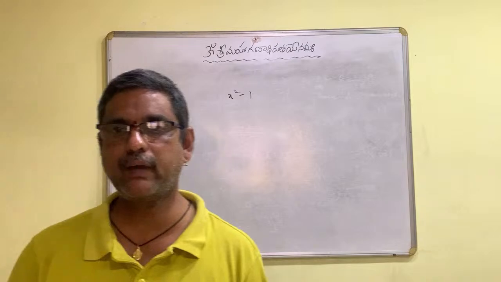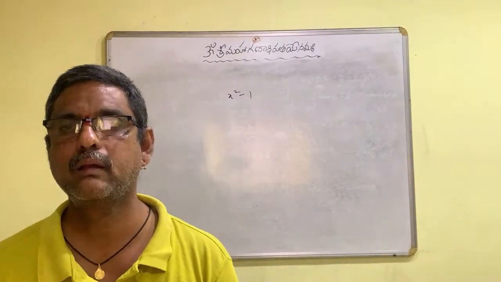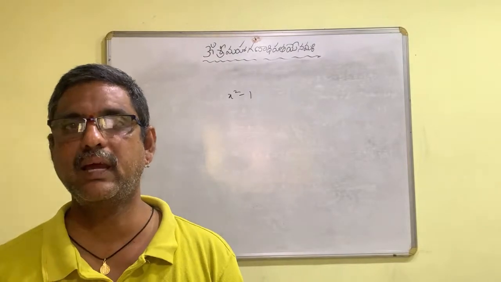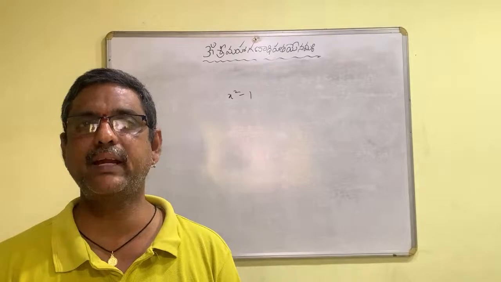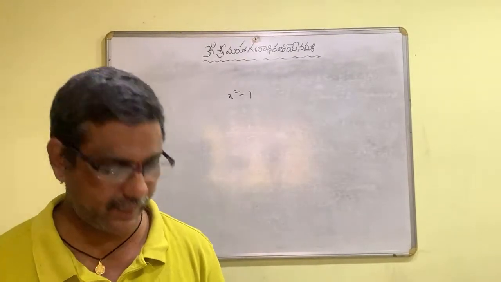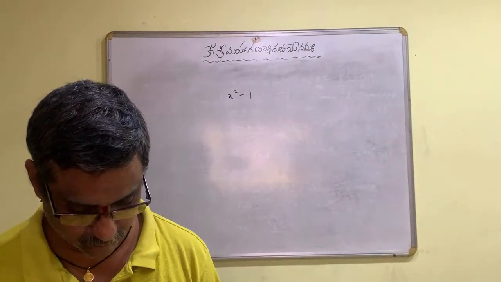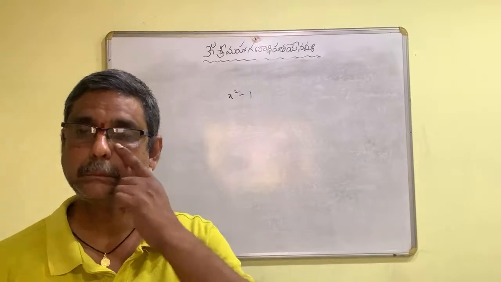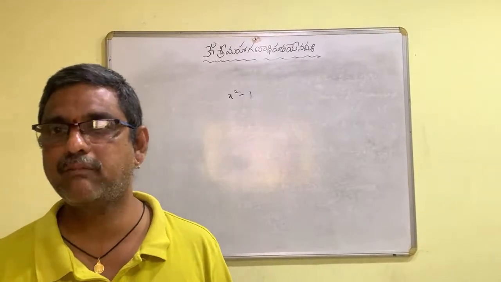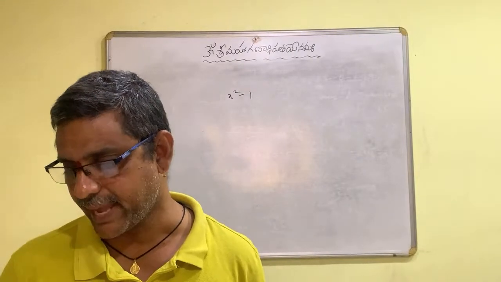Yeah, 1 and minus 1. Let 1 be alpha, minus 1 be beta. Then what is alpha plus beta? Alpha plus beta is 0. Option D.